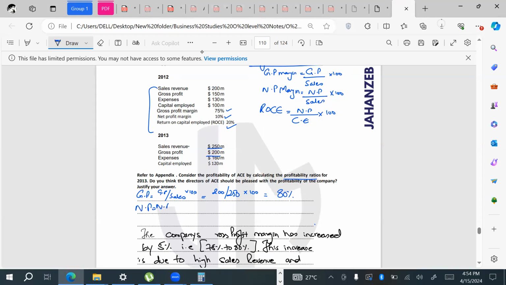Now that goes again, net profit divided by sales into 100. Now over here, you can see that you don't have a net profit, right? So what you're going to do is net profit is calculated by net profit equals GP minus expenses. So you have a GP of 200, you have an expense of 160, you got a net profit of 40 million.